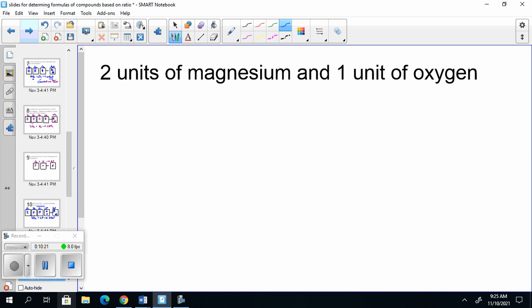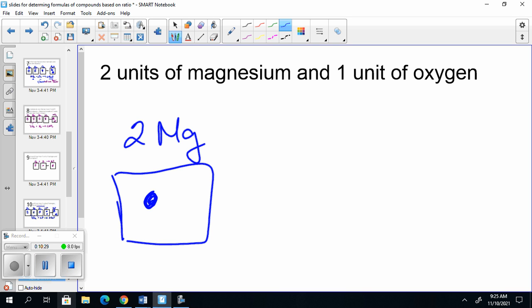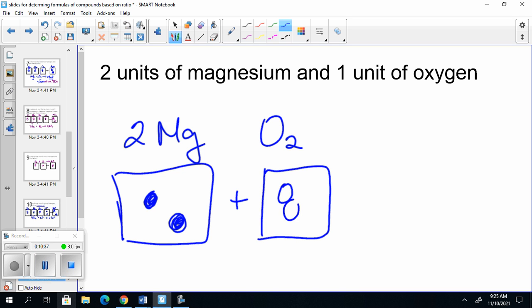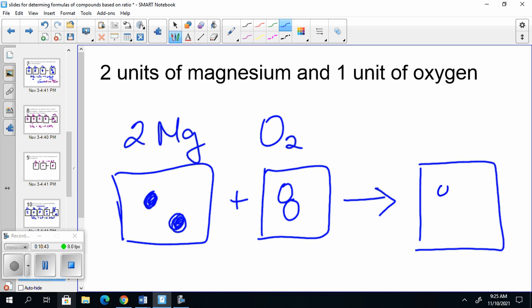All right, 2 units of magnesium and 1 of oxygen. So 2 Mg and 1 oxygen. Oxygen's diatomic. Can't forget my 7 diatomics. So there it is. So when I put those together, it looks like 1 blue will come together with 1 clear. 1 blue, 1 clear.